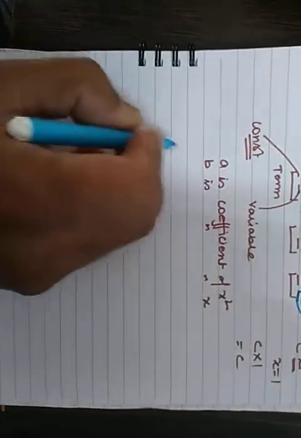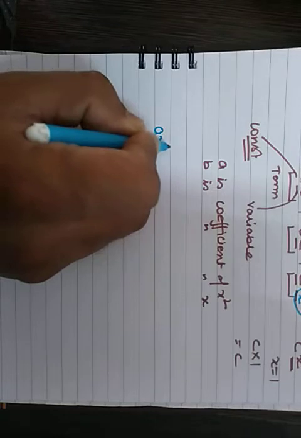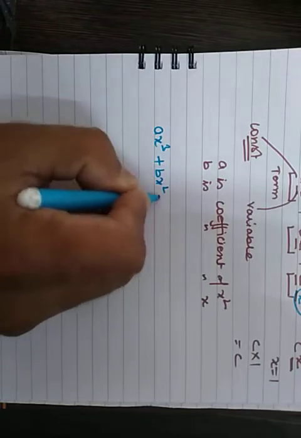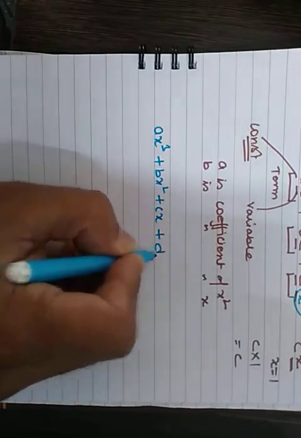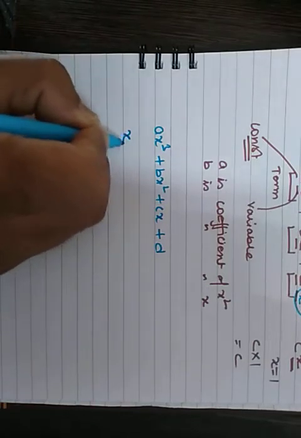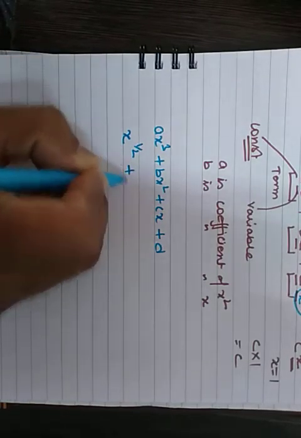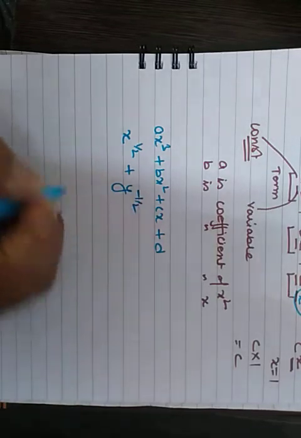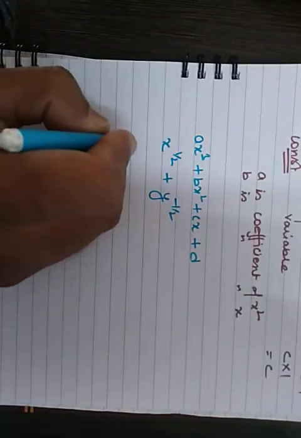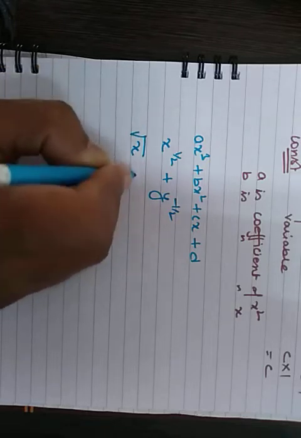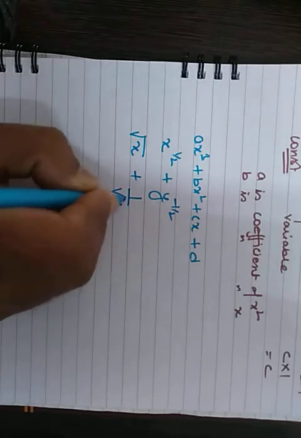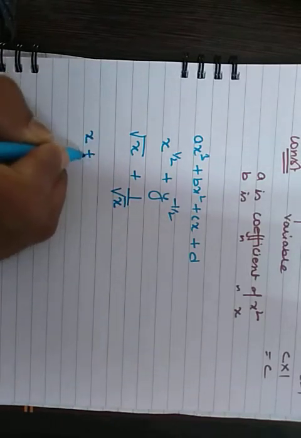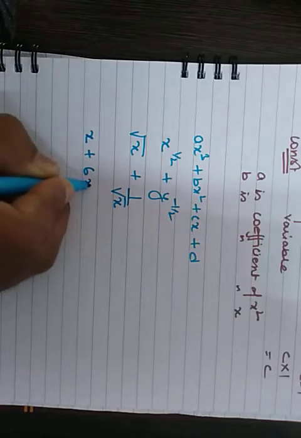Like I will write some algebraic expressions: ax cube + bx square + cx + d, x to the power 1 by 2, y to the power minus 1 by 2, x root x, 1 upon root x, x plus 6x square.